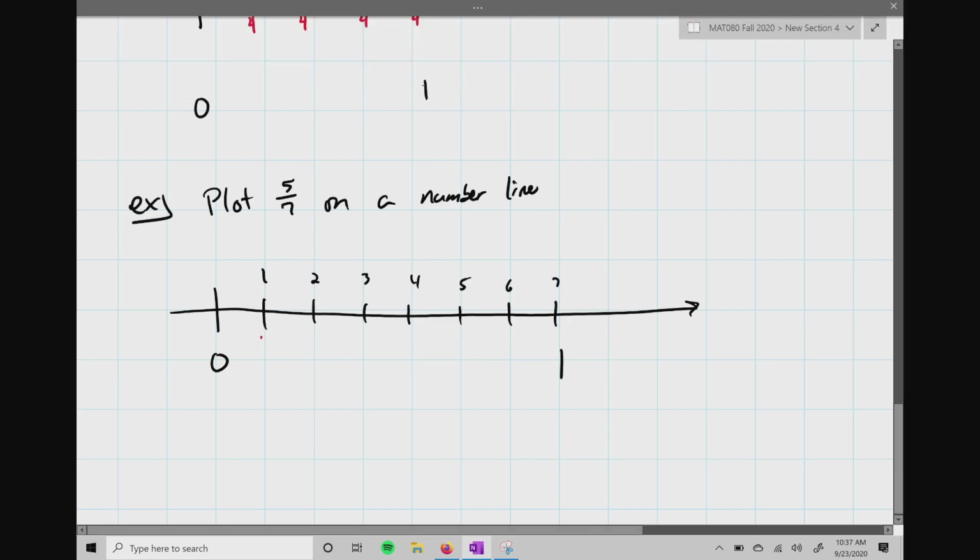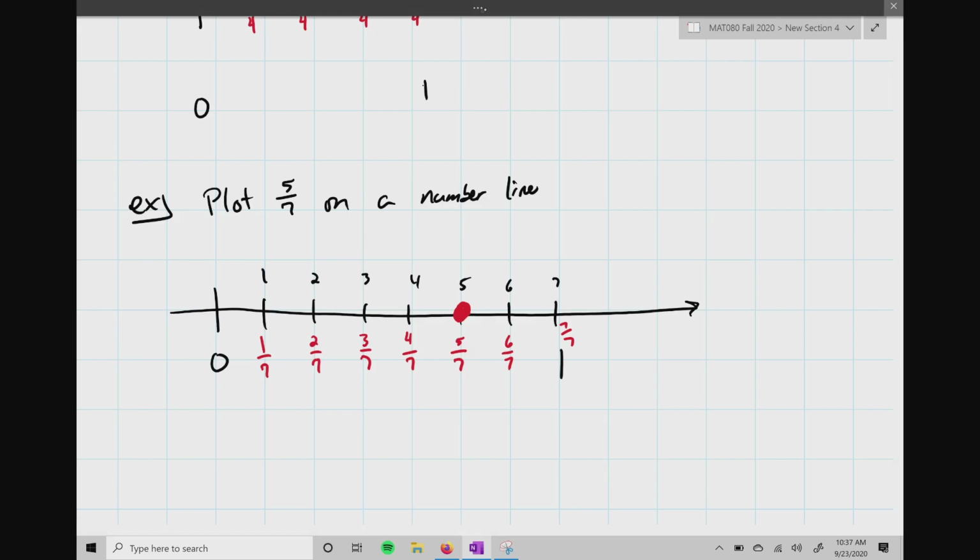So this would be 1/7, 2/7, 3/7, 4/7, 5/7, 6/7, and then this last one will be 7/7. Okay? And I'm just going to go ahead and plot 5/7. What do you think? Pretty simple? Okay? Now, let's step it up a little bit.